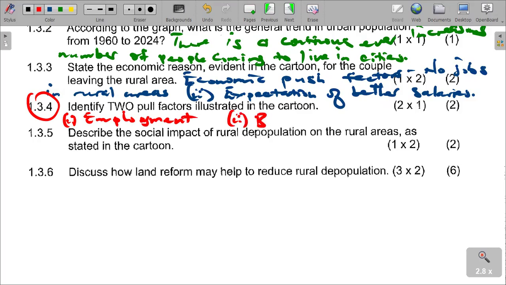And then we talk about better services that they are also expecting there, which can also be even schools.